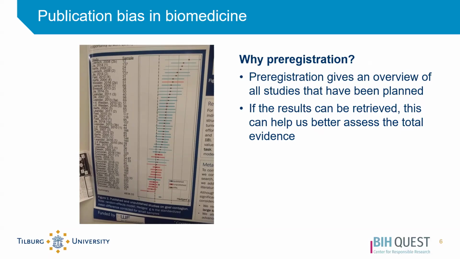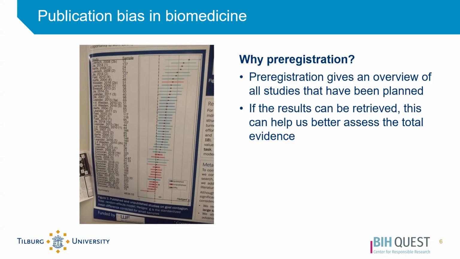I found this at a conference, and the blue bars indicate studies that were published, and the red bars indicate studies that were not published. And you can see that the red ones typically have a null effect, so they didn't find an effect, but the blue ones did. So that is exactly what we mean by publication bias. That there's an overrepresentation of positive results in the literature.